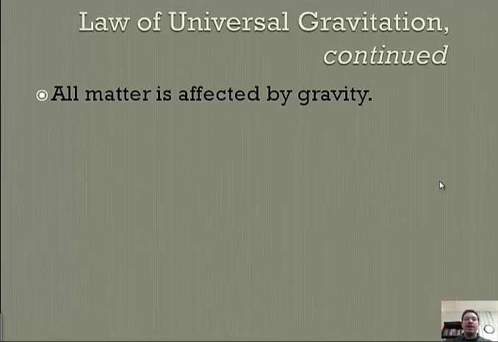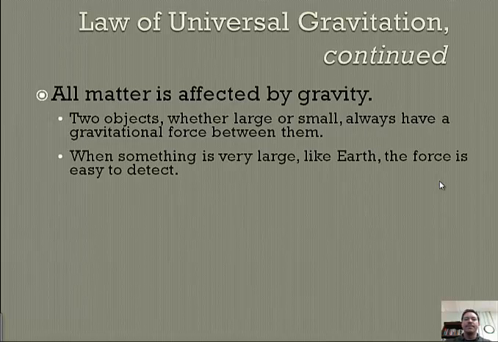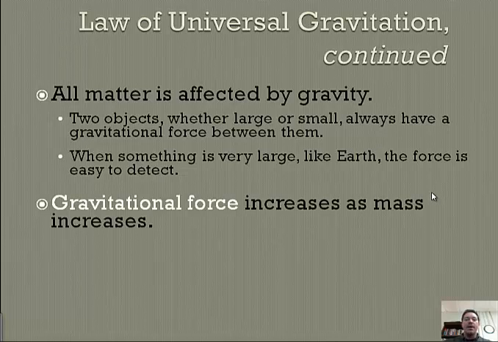So all matter is affected by gravity. Two objects, whether large or small, always have a gravitational force between them. And when something is very large like the Earth, the force is easy to detect. Another quick note on that. We notice a gravitational force when we jump up or we drop our book on the floor, and the book goes crashing to the floor.